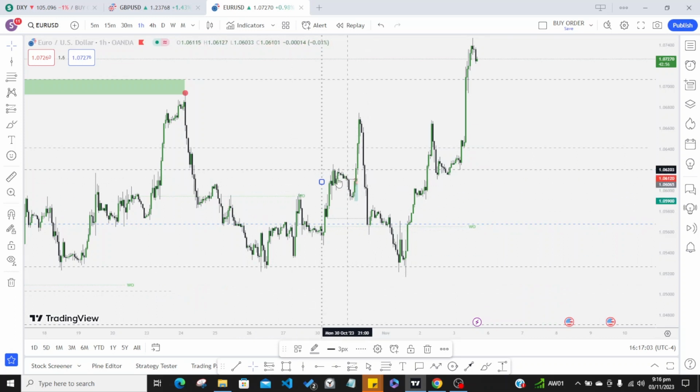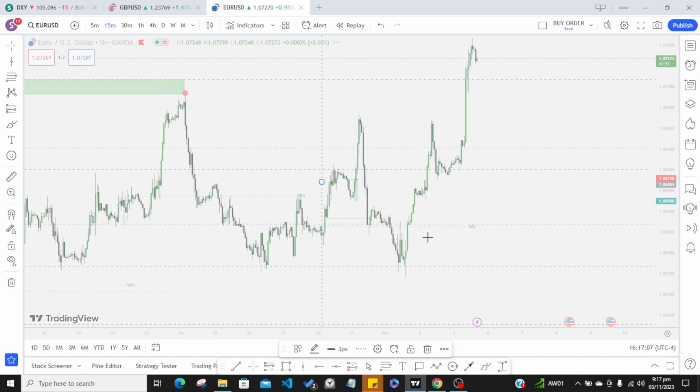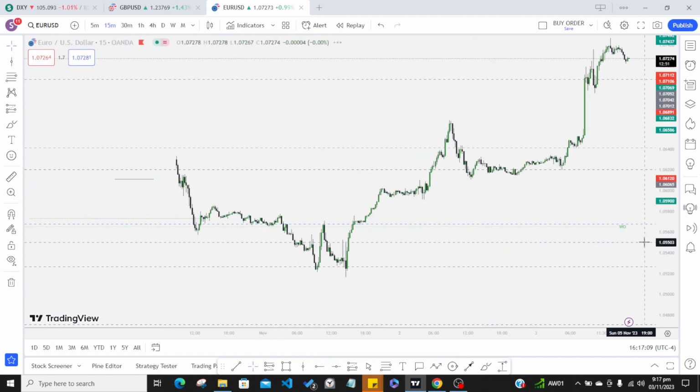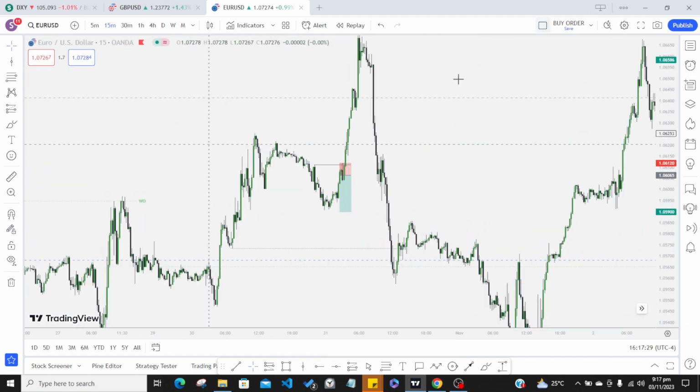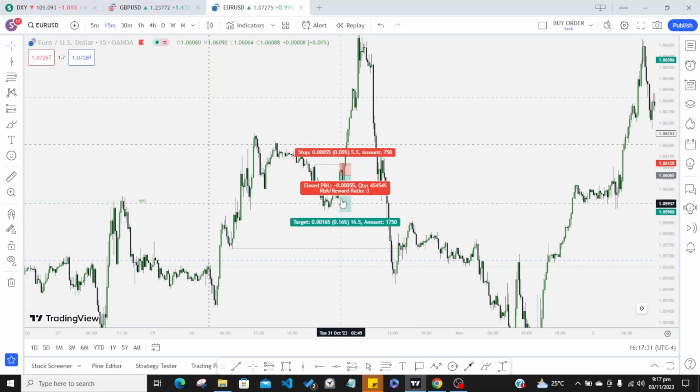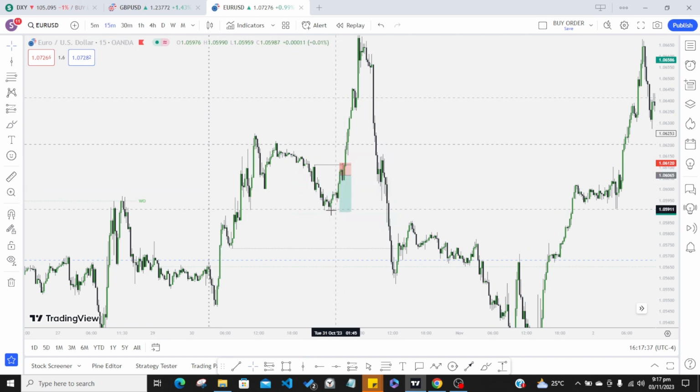So after rejecting this zone and a little retracement, let's go down on the 15-minute time frame so we can see it clearly. After price rejected that zone, sold off from here, and went into a little retracement, I saw this rejection here and entered the trade, looking to clear out this low here, which was part of my bias going into the week, expecting price to ultimately come down to this low here, taking it out.